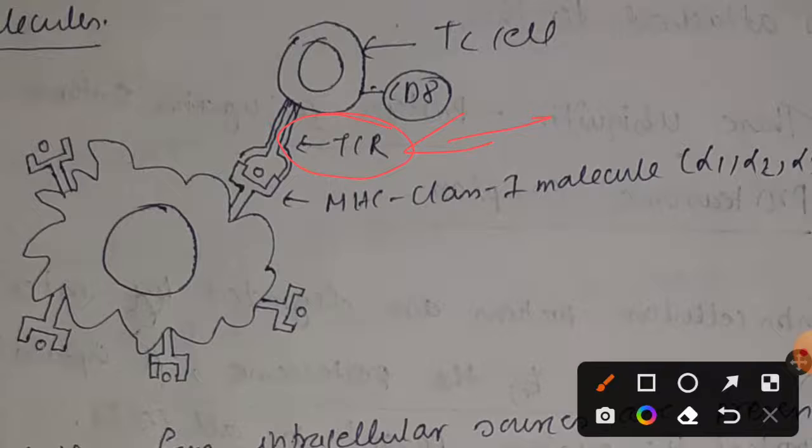For now, please remember that the TCR in case of cytotoxic T cell and the TCR for helper T cell are the same thing. Both will interact with MHC molecules. And if I zoom this picture, this one is your antigen.